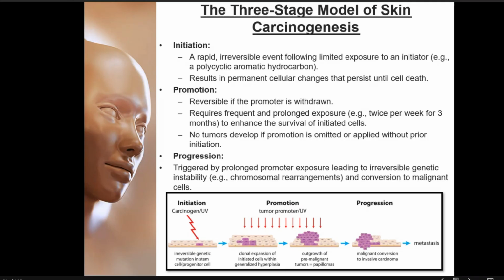During this, there is a transverse progression of the cell, and after that a vertical progression of cell growth due to the overgrowth of the pre-malignant tumor. This vertical growth is known as the papilloma, and later on it converts into malignant, and it causes metastasis, and due to metastasis it spreads throughout the body and produces skin cancer.